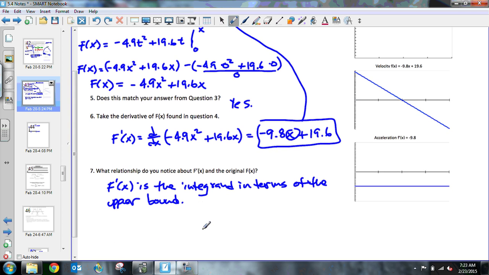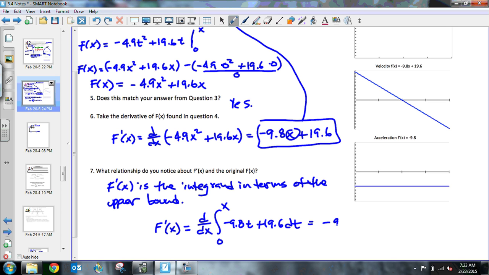The big thing I want you to see is that if I take big F prime of x, then I'm taking the derivative of my integral. So I can take the derivative of the integral between 0 and x of negative 9.8 t plus 19.6 dt, and if I take the derivative of an integral, I get the integrand in terms of my upper bound.